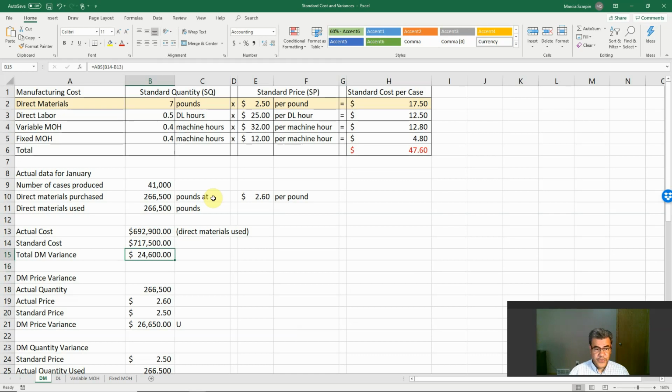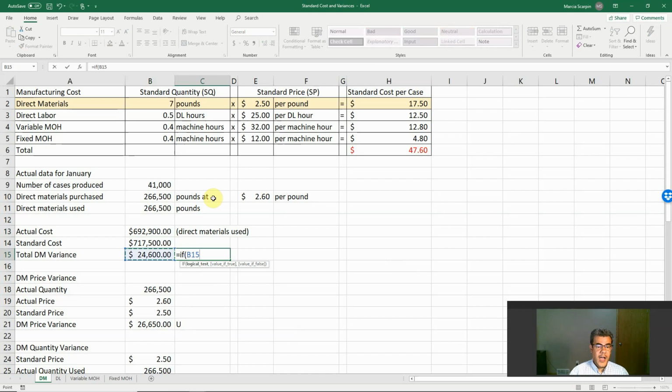Favorable or unfavorable? Our actual cost is lower than our standard cost, so it is favorable. If we want to do a formula here, if our standard cost is greater than our actual cost, we will have unfavorable variance. Otherwise, we will have favorable variance.